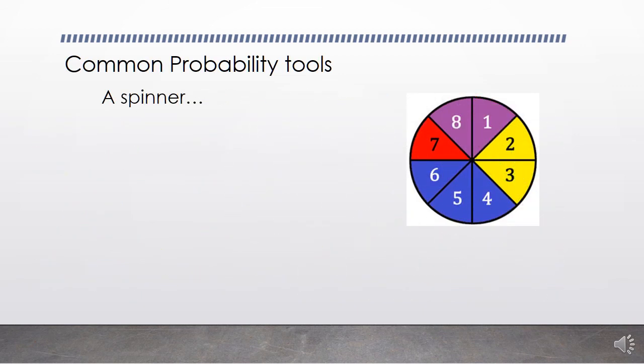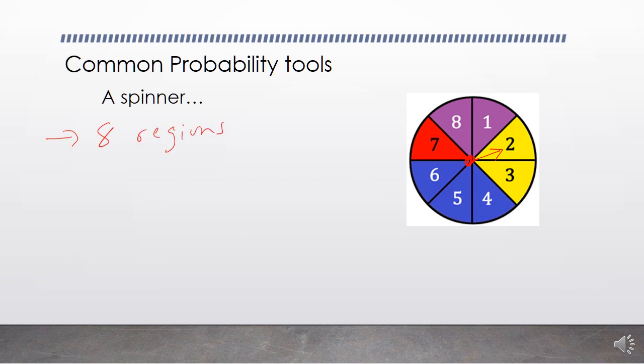The last thing would be a spinner. The spinners don't really come in any standard number of sizes or number of pie slices. It's completely random according to the game you're playing. So here's a random spinner, and we'll just add a spinner in the middle. This spinner in particular has 8 regions.